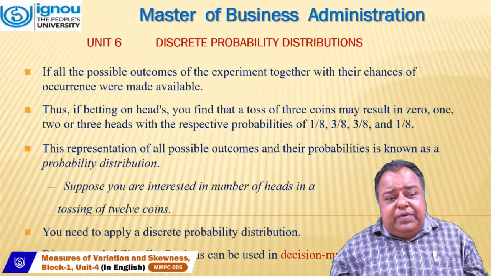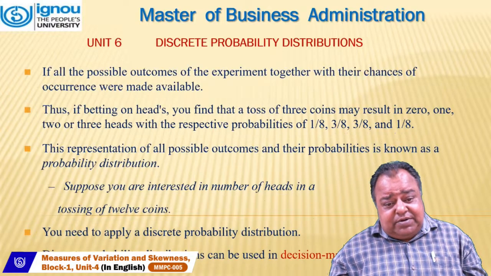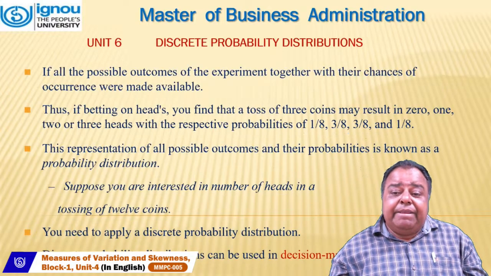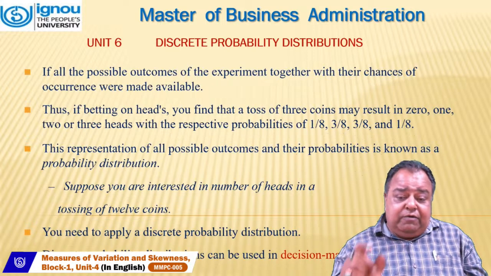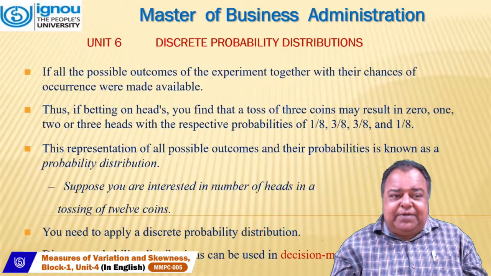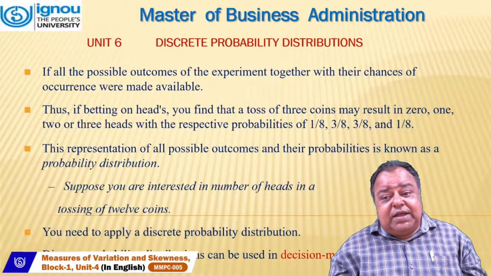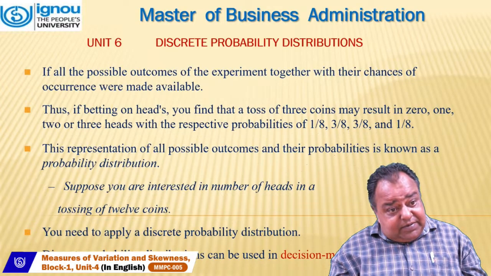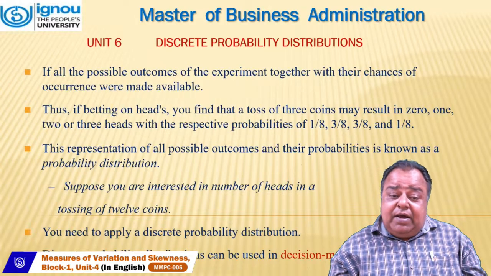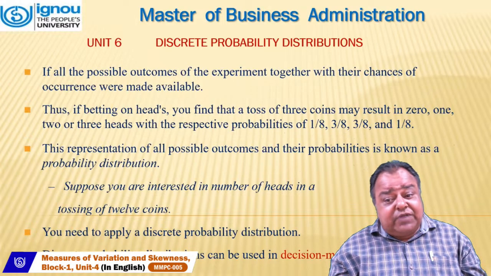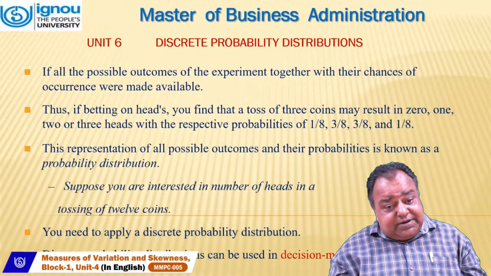Then we move to unit 6, that is discrete probability distribution. Here, we will be finding out the probability of each outcome of an experiment. If all the possible outcomes of an experiment, together with their chances of occurrence, are listed, then, for example, a toss of 3 coins may result in 0, 1, 2, or 3 heads.